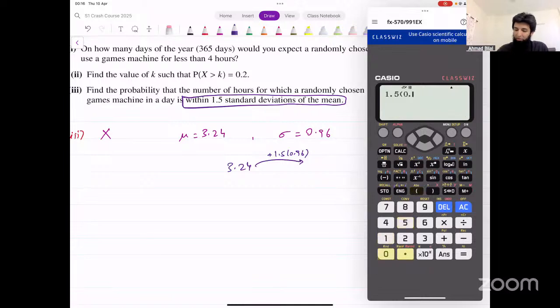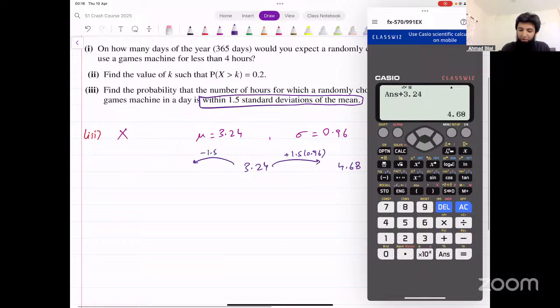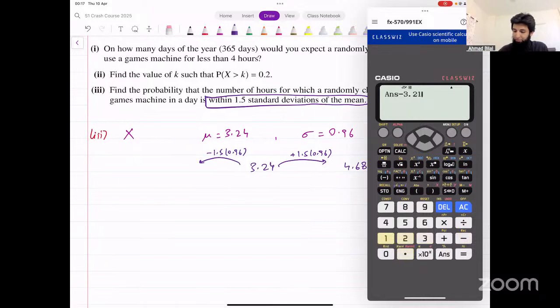1.5 into 0.96. You add that number to 3.24, and on the right side, you get 4.68. On the left side, you subtract 1.5 standard deviations, (3.24 minus 1.5 into 0.96), and that's giving me 1.8.